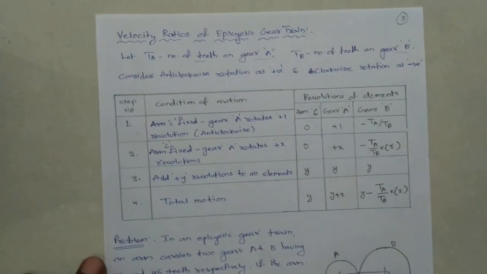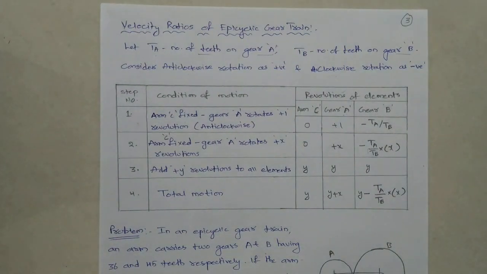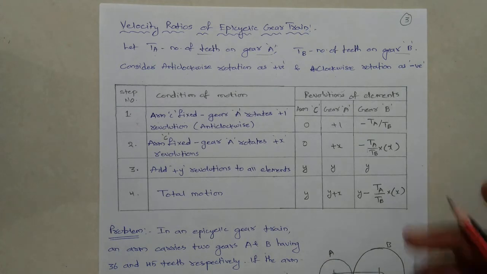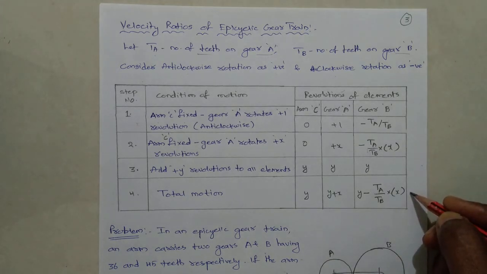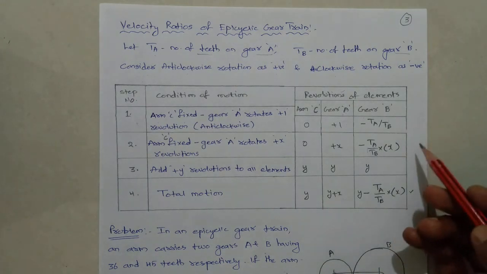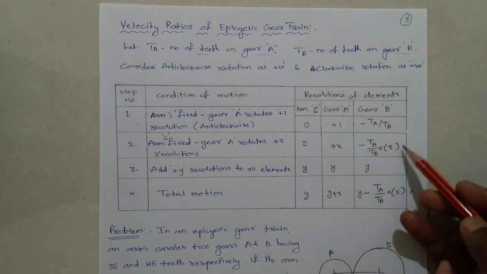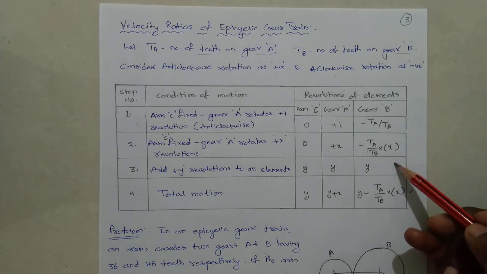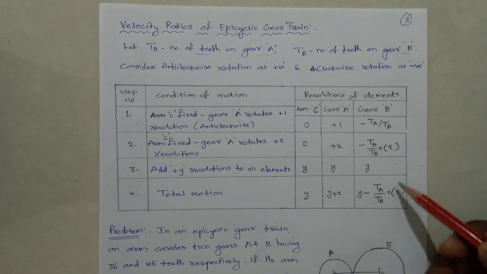So this is the tabular column, which is very helpful in solving problems related to epicyclic gear trains. Remember that the last column formulas are the useful ones. These formulas are the only ones used for solving problems. But you don't neglect the rows, because if you don't have these 3 rows, we cannot get the final formula.